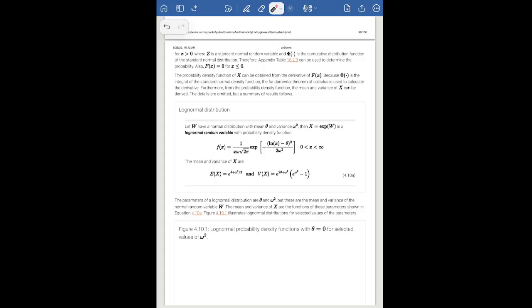In this case, we have some other parameters that come in, and of course we have the log function in here as well, but it's not that different from the calculations for a regular, if you will, normal variable.